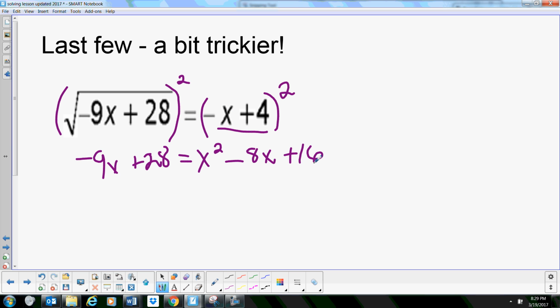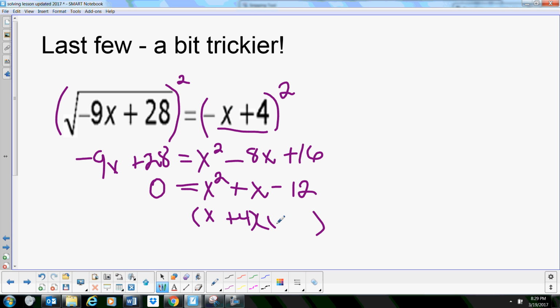And then we've got a quadratic, so let's get them all in descending order. It's going to be x squared plus x minus 12 is equal to 0. So we're going to factor that one into x plus 4 times x minus 3. So our solutions are negative 4 and positive 3.